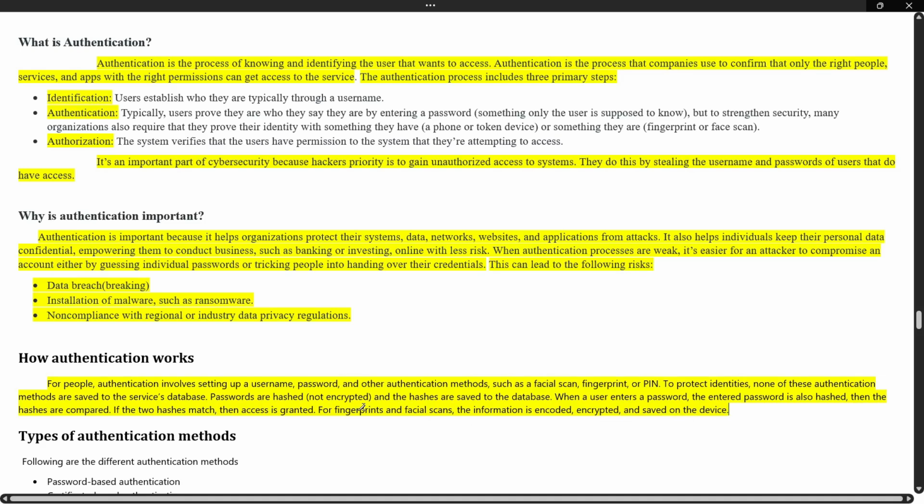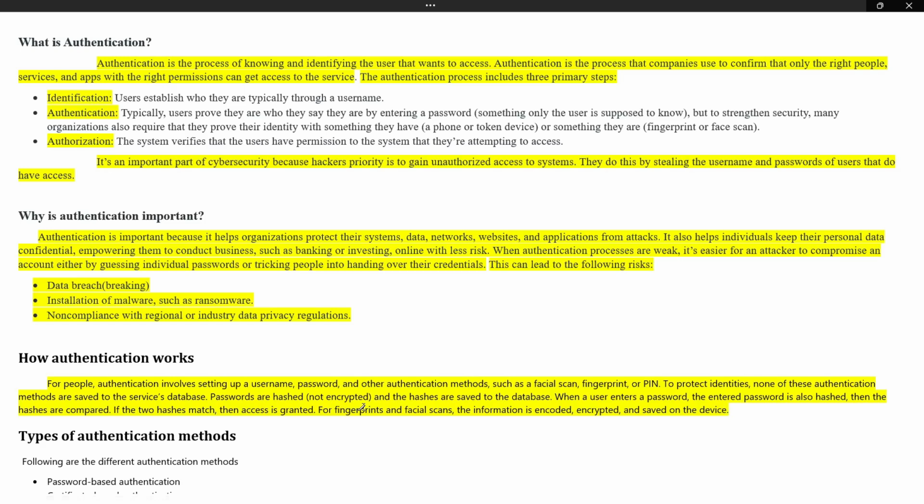If we don't hash the password, let's take an example. I have entered a username and password. The password, if you observe, will be shown as dots, because nobody can see that. That is complete privacy, that only the user is supposed to know.